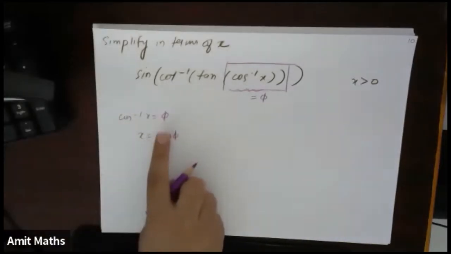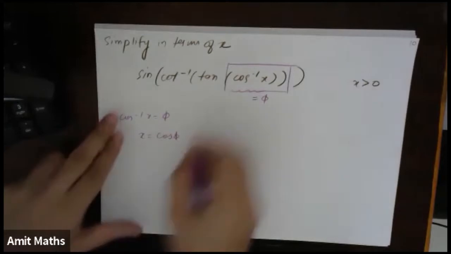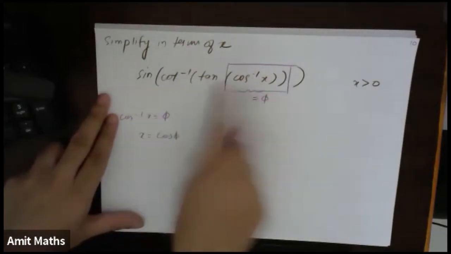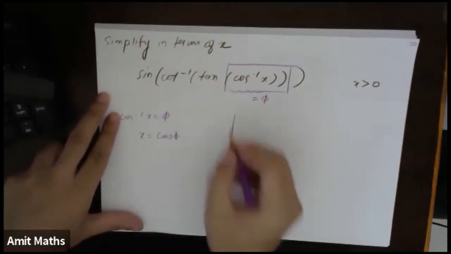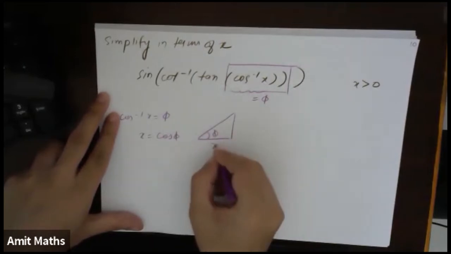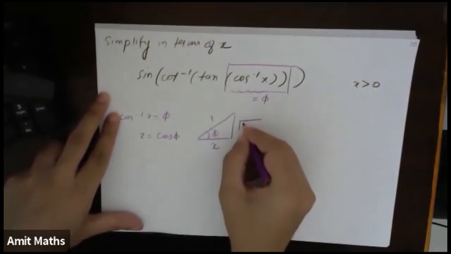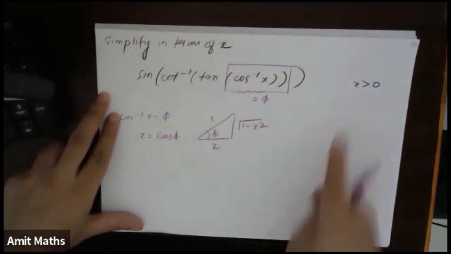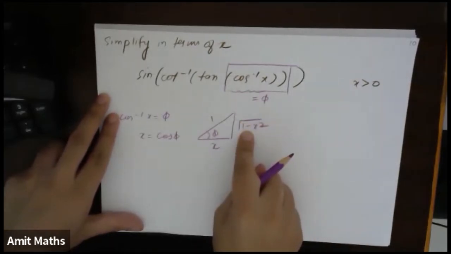If I have to write this in terms of tan, then if this is a triangle, this is 5, the base is x, the hypotenuse is 1. So this becomes root of 1 minus x square.